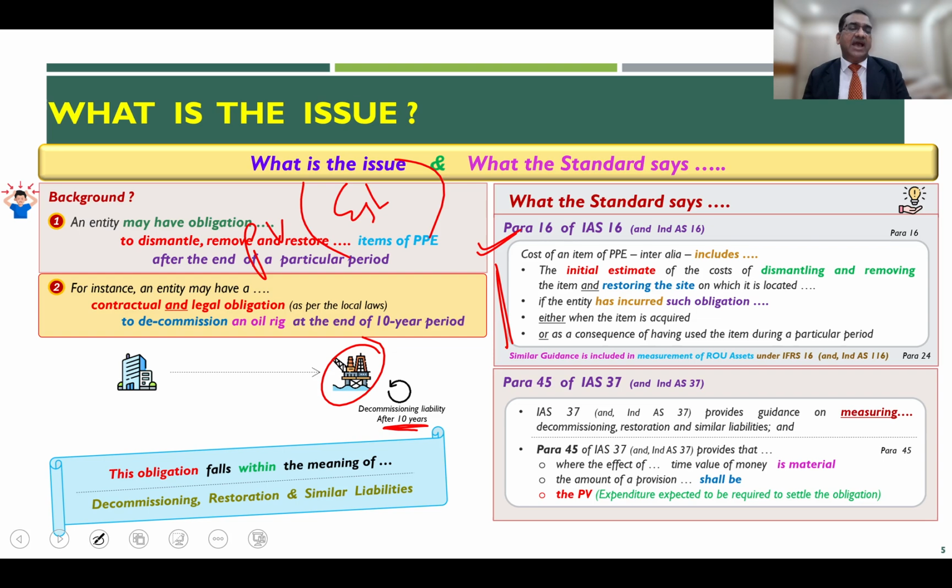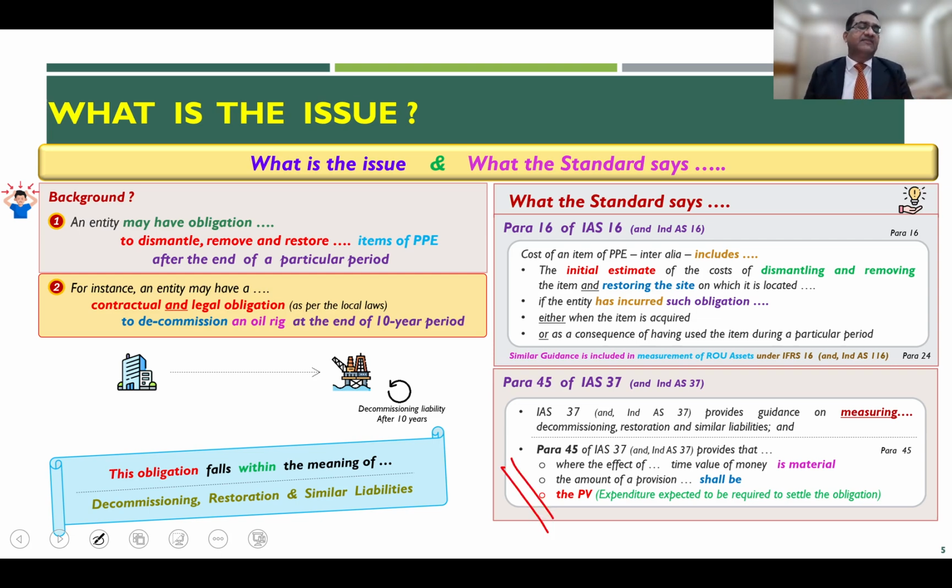The measurement will be at the present value because paragraph 45 of IAS 37 or Ind AS 37 gives you the measurement principles, wherein it says that if the time value of money is material, then you do the discounting and bring in the liability at the present value.